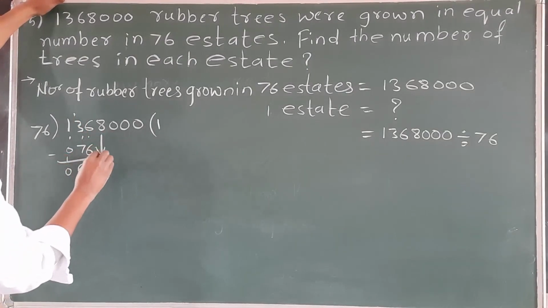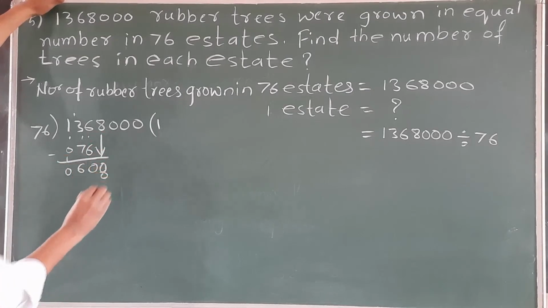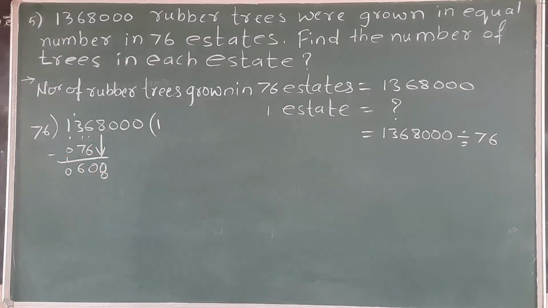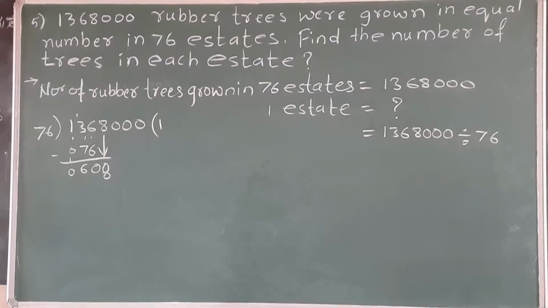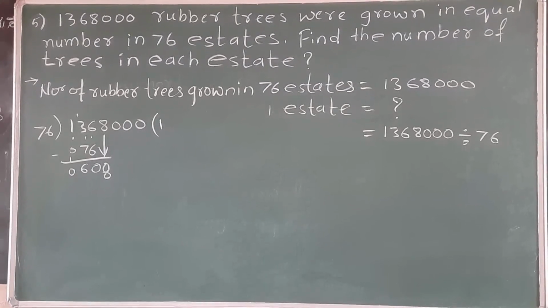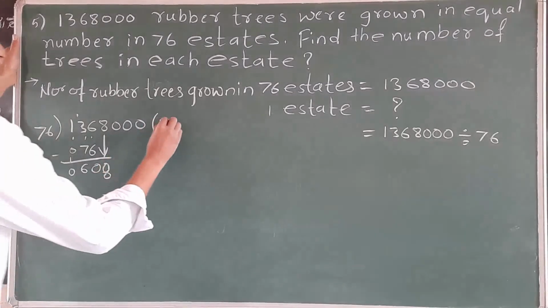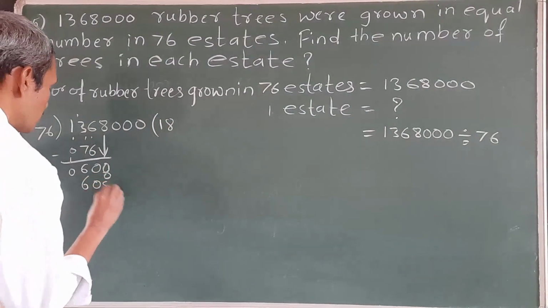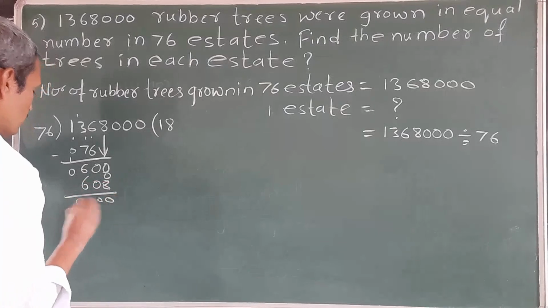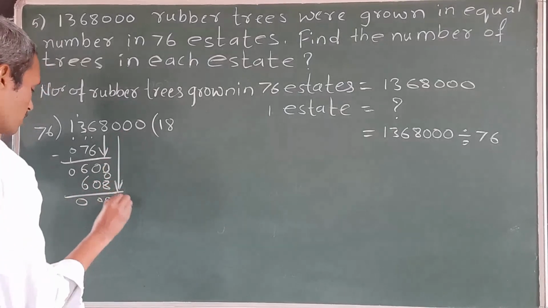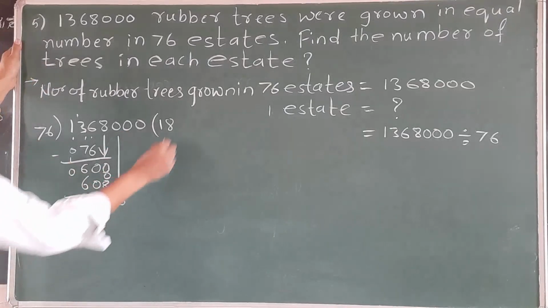Take the next one down and write here, it becomes 608. Once again search for 608 in the 76 table. 608 is there, 76 eights are 608. Now subtract, we will get 0. Take the next digit down. In 76, 0 is not there, write 0.